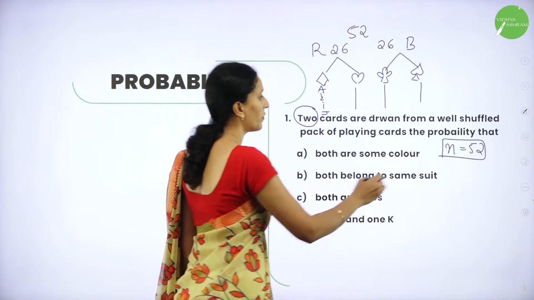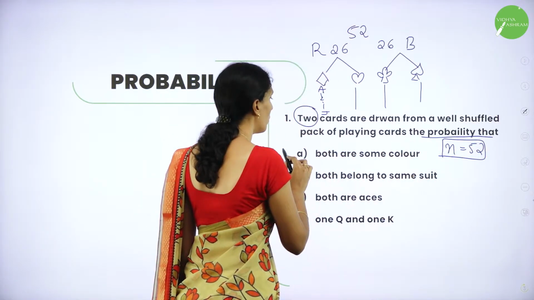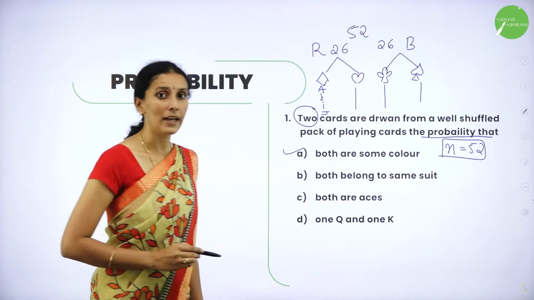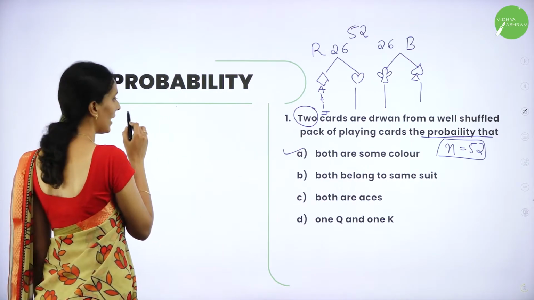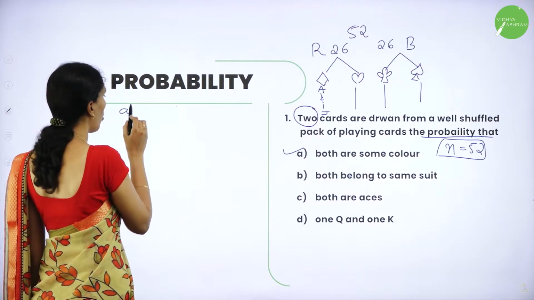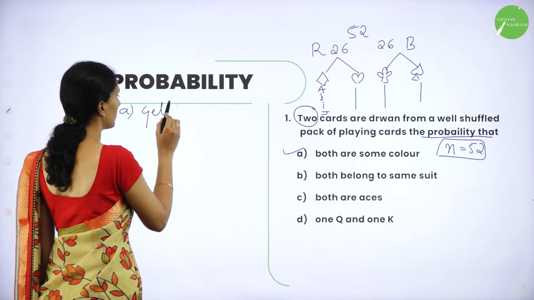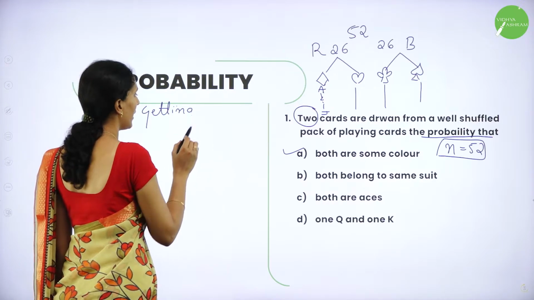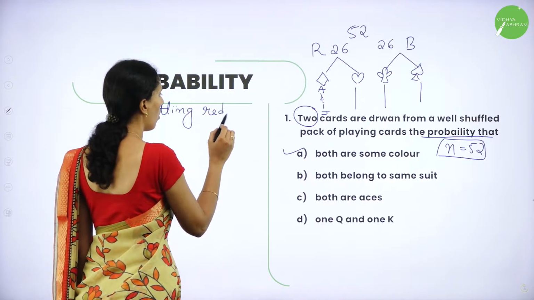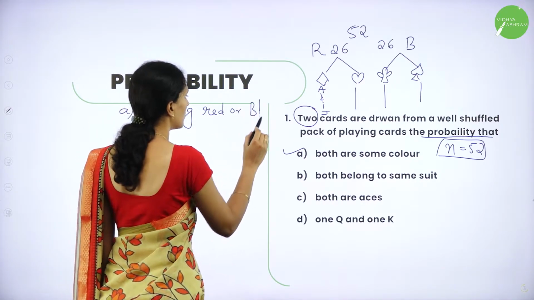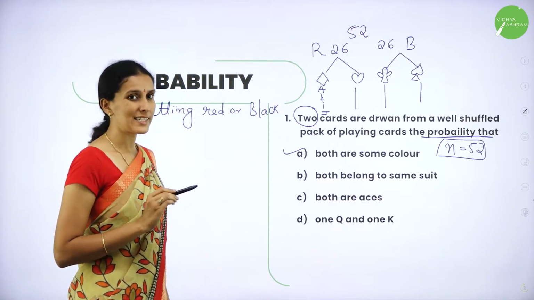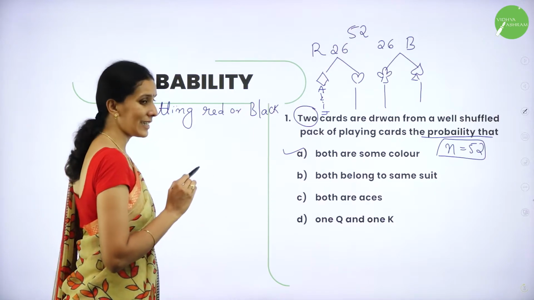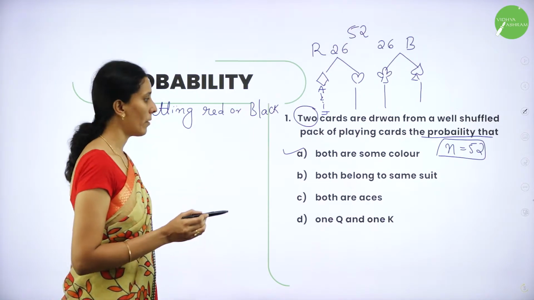Now I have to find the probability that both are of the same color. So let me take my first question. Let it be an event of getting red or black. So both cards should be of the same color. That means two of them are either red or two of them are black.